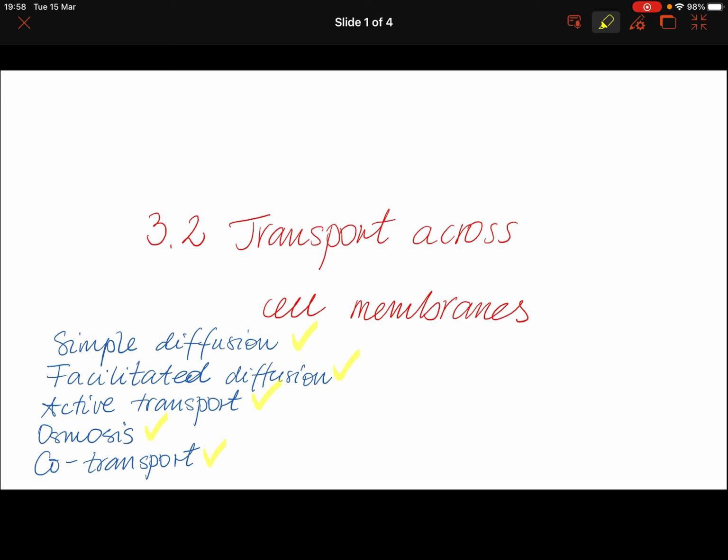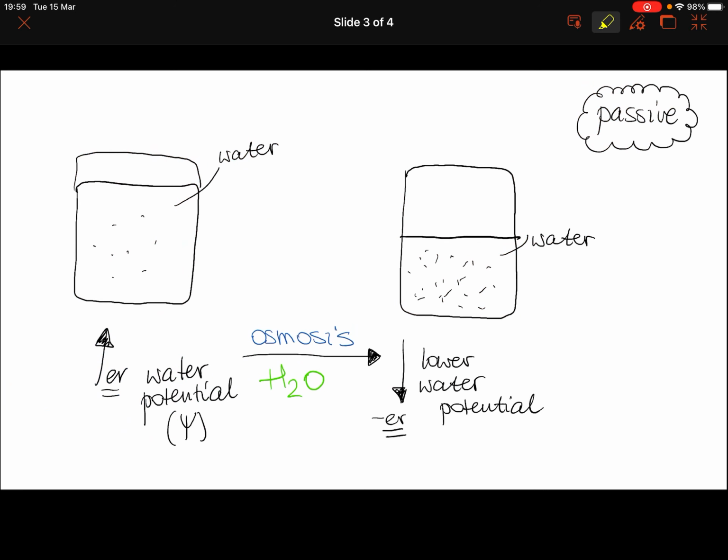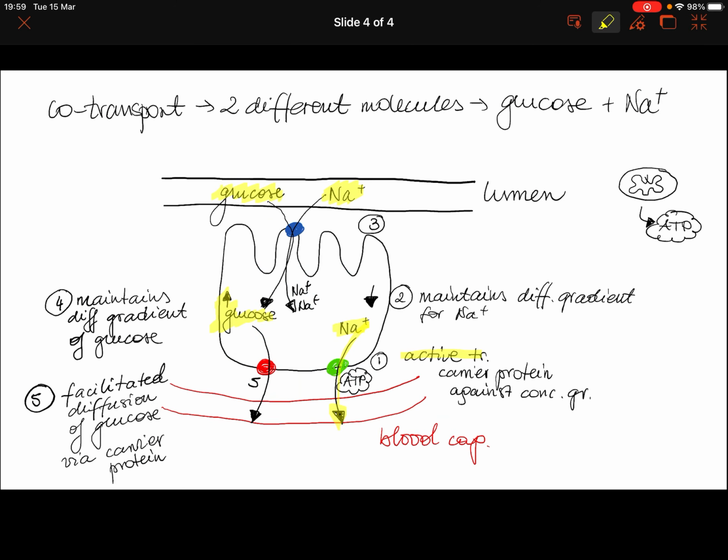So main things to consider here will be, for instance, temperature, the number of the available proteins, the saturation of the proteins, the maintenance of the concentration gradient, and so on. So remember, practice is important. So get on with some past paper questions now. So that's everything on the transport.